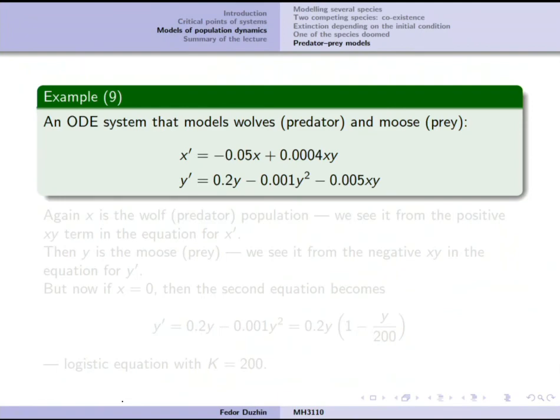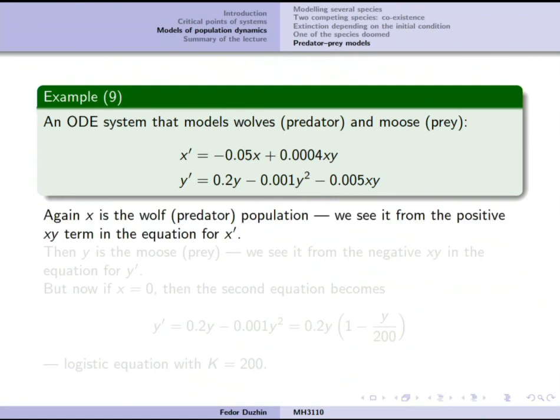Of course, you can make it more complex. For example, as compared to the pure predator-prey system, the simple one, you can include this logistic term into the equation for the prey. So what does it change?